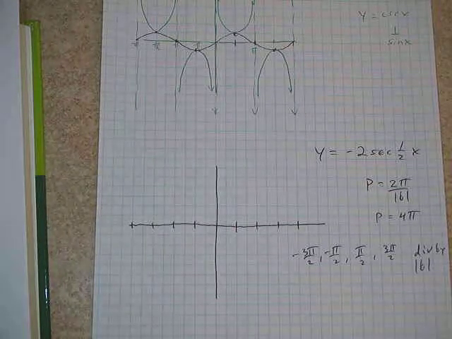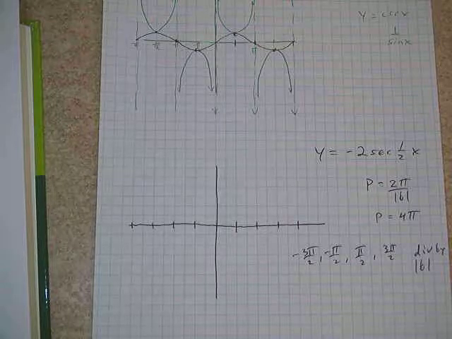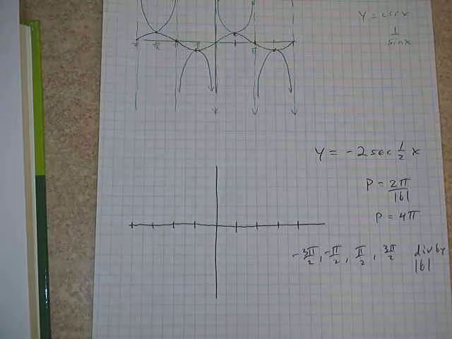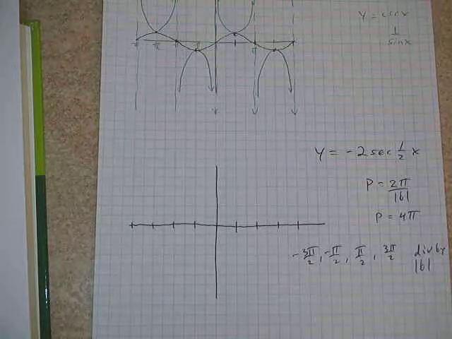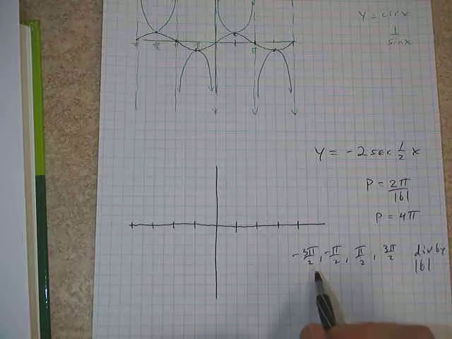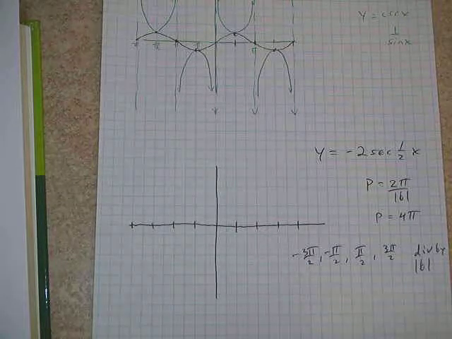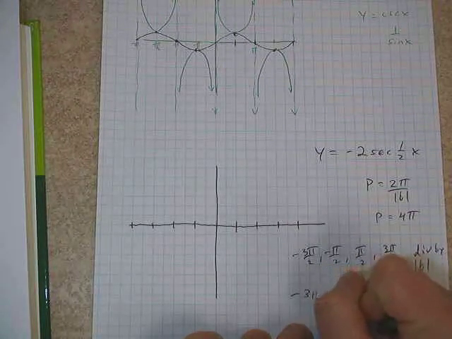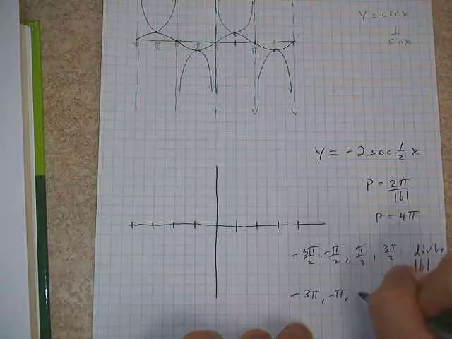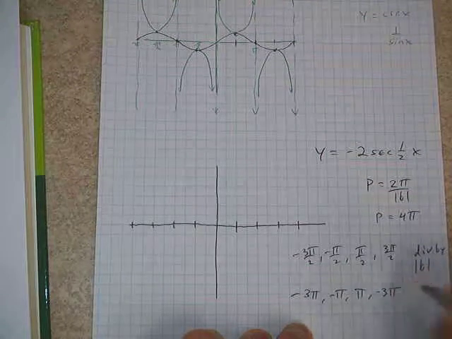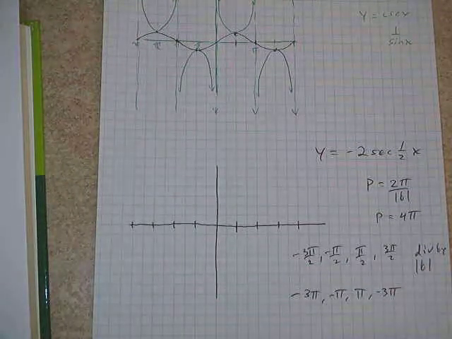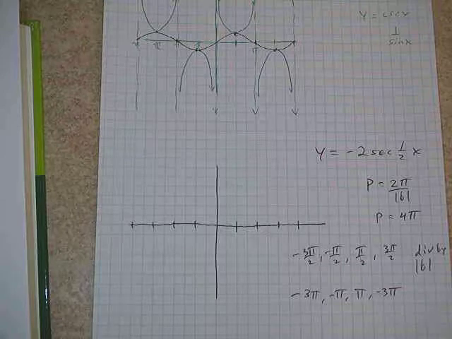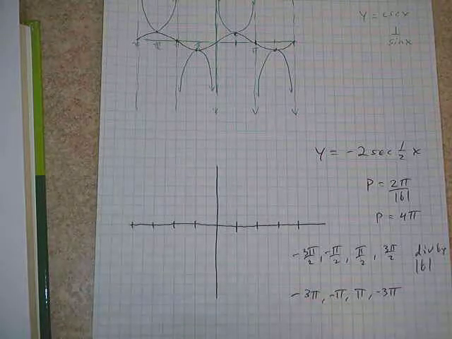To get the new asymptotes, we're going to divide by the absolute value of b, because b theoretically could be negative, though most of the time it's not. Keep in mind that b is a half in this case, so when I divide each of these by a half, I'm really multiplying by 2.